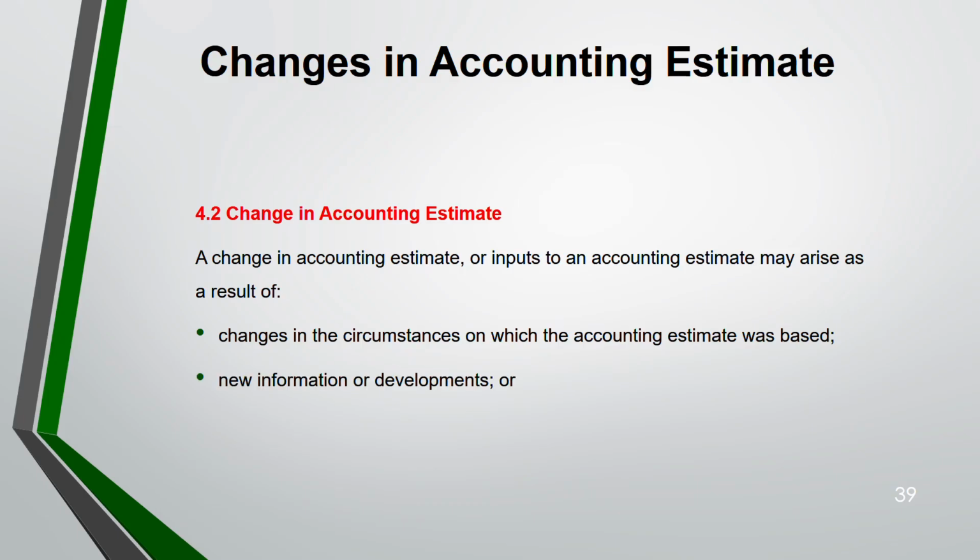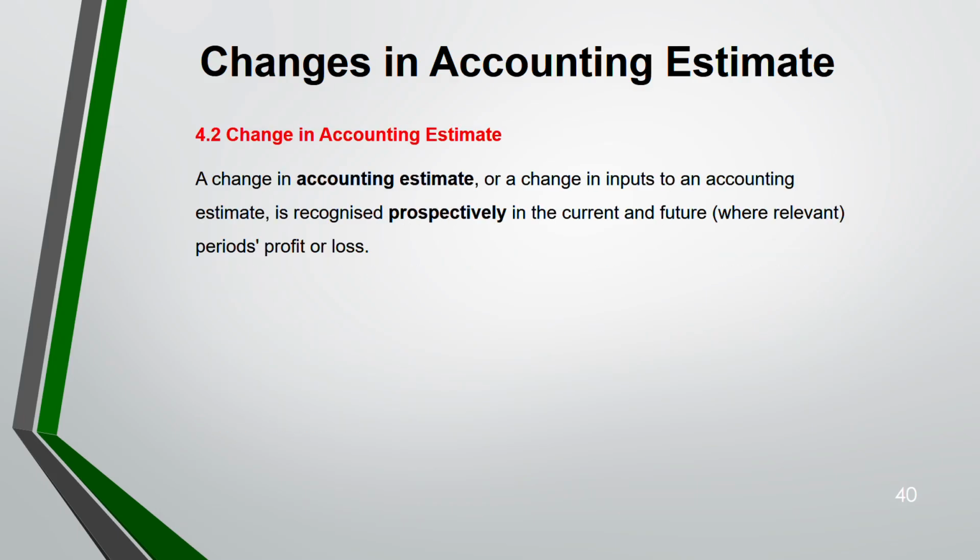Or some new information came. Or now you have more experience, so you are changing an estimate. A change in accounting estimate is recognized prospectively in the current and the future, not going back and changing, restating, unlike accounting policy. So that's why estimates are a little easier than policy.